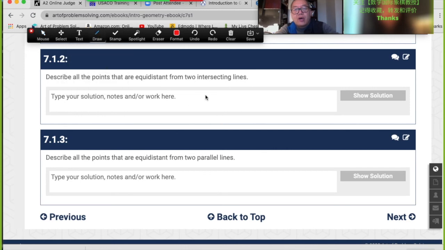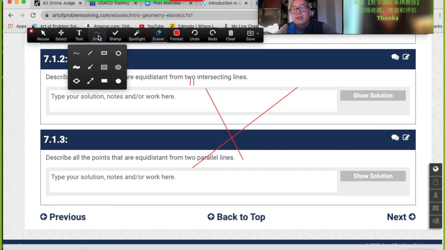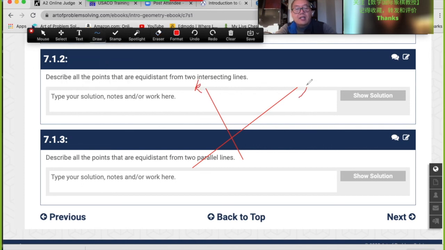You can draw, say, this is one line and this is another line. Intersect these two lines. Suppose this line is K. This line is L. They intersect at, suppose, O.